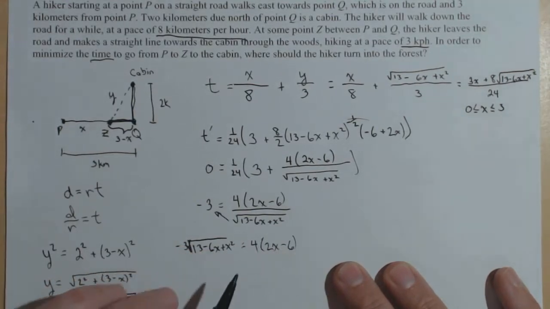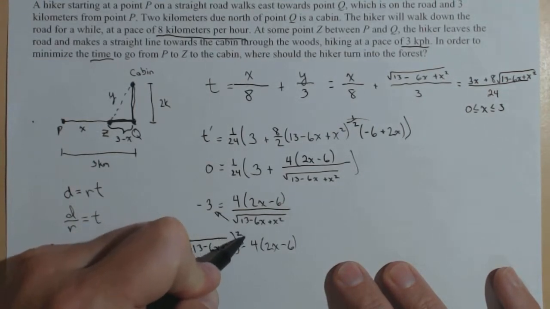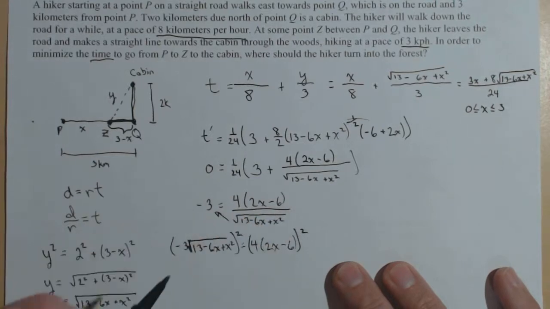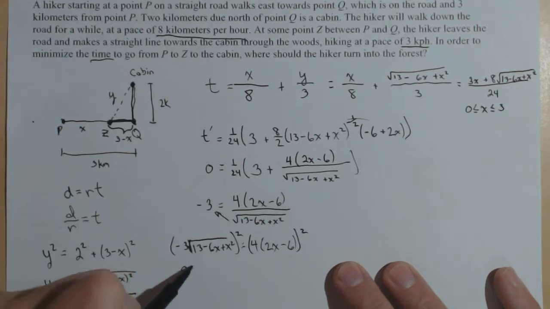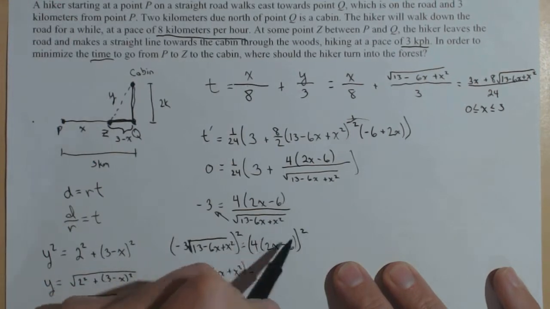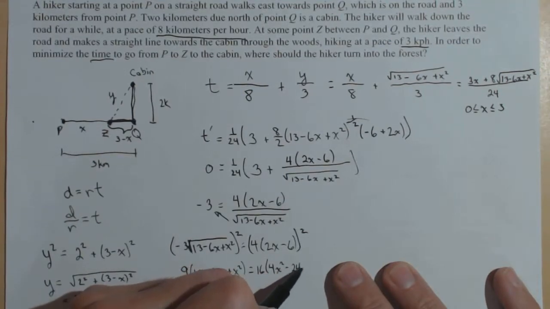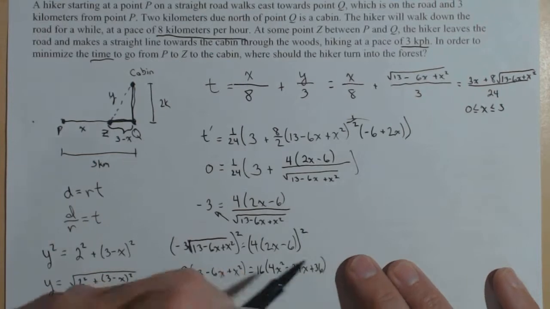And if you want to distribute that 4, that's fine. It's not going to change our final answer. Now I'm going to square both sides to get rid of this radical. Remember, that means you've got to square everything. So negative 3 squared is 9 times 13 minus 6x plus x squared. And on the other side, again, everything gets squared, so 16 times 4x squared minus 24x plus 36.